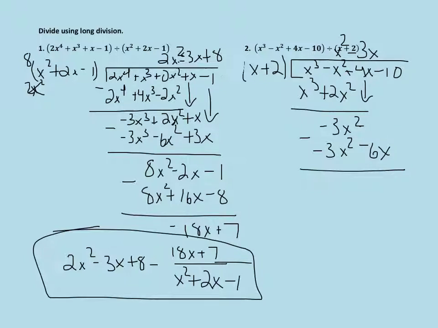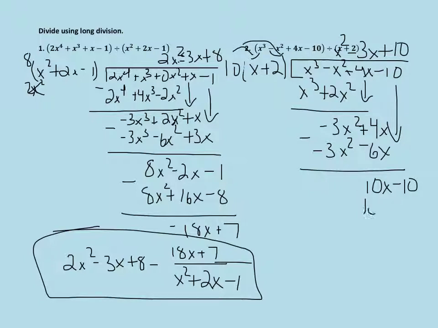That was supposed to bring down plus 4x. So 4 minus negative 6 is 10x. Bring down the negative 10. So what do you have to multiply x by to have it equal 10x? 10. Distribute, that's what I'm doing.